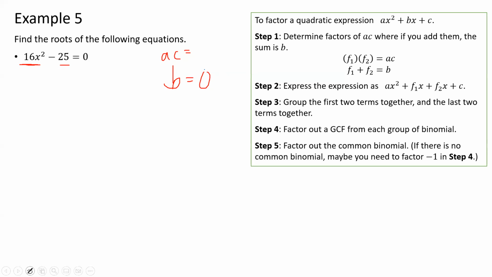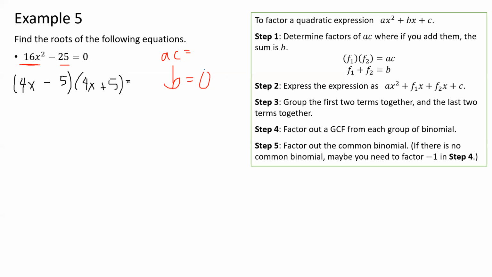So we can factor this out easily as the square root of 16, which is 4, square root of x squared is x, minus the square root of 25, which is just 5, and their sum and difference. So here is their difference, and their sum here, 4x plus 5.